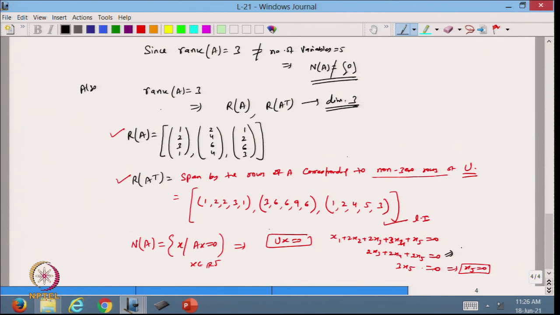So, I can write from here, x5 is 0, and x3 is equal to minus 2 by 3 x4. From here I can write my x5 is 0, so this part becomes 0.